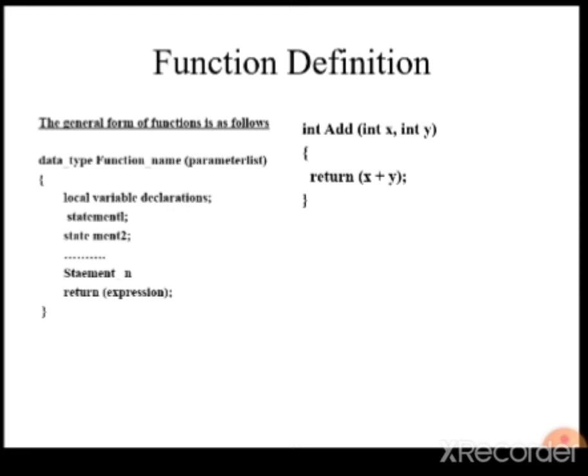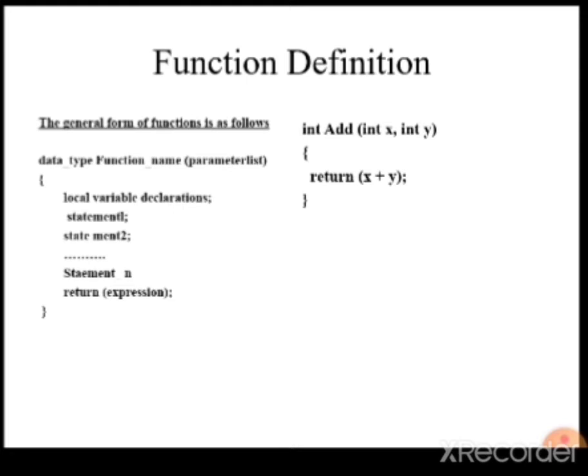The value we return using the return statement must match the data type you mentioned in the declaration or definition. Also the function name must be the same name you gave in the declaration, and the parameter list should use the same data types.